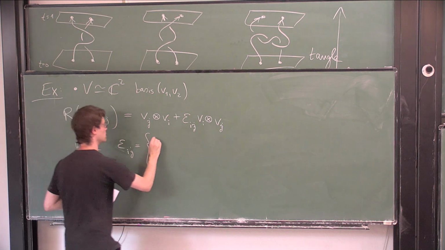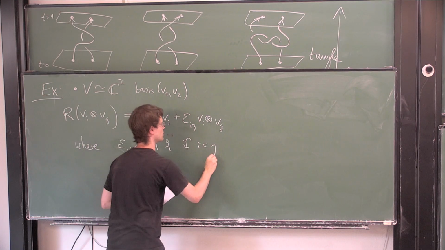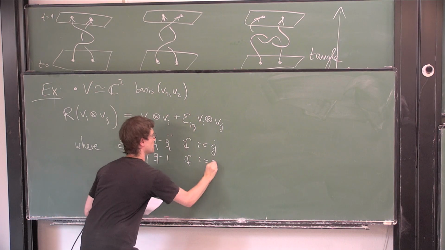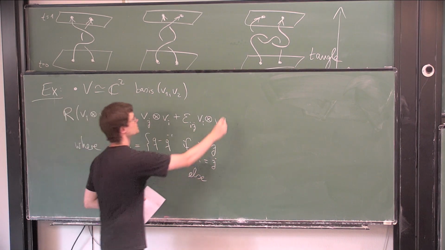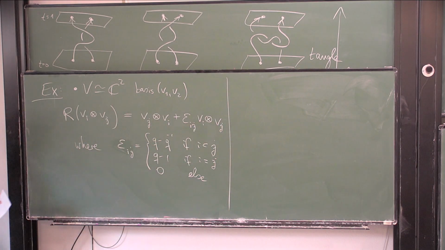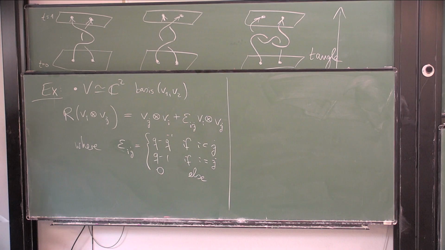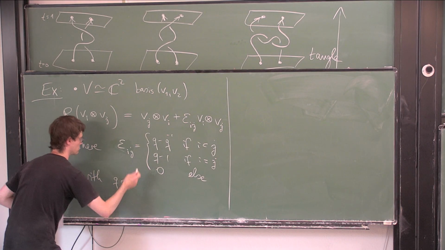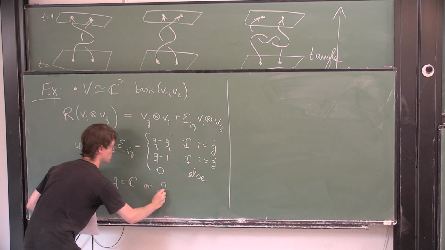So it's q minus q inverse if i is equal to j, q minus 1 if i equals j, and 0 else. Wherein q is some formal parameter. Well, you can think about it as an element of your vector space C or formal.